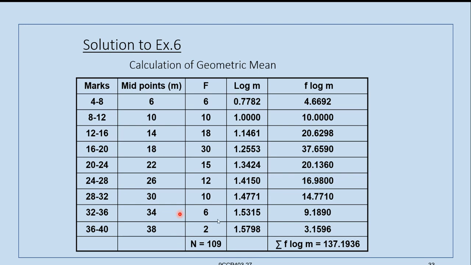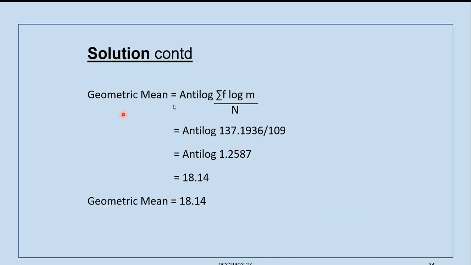So total frequency is 109, and sigma f log m is 137.1936. So the final answer is 18.14. Please compare the methods very carefully, the procedure for calculating the geometric mean. It will be very easy.